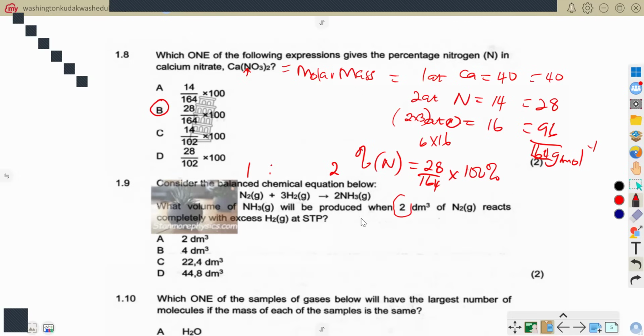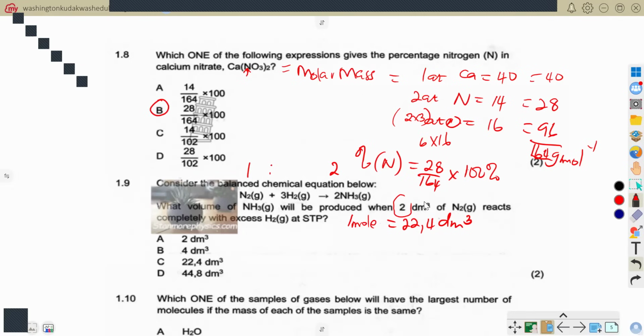So we know that 1 mole of gas is equal to 22.4 decimeter cubed of volume. So 1 mole of gas occupies 22.4 decimeter cubed in volume. If the volume of nitrogen is 2 decimeter cubed, how many moles is it equivalent to?